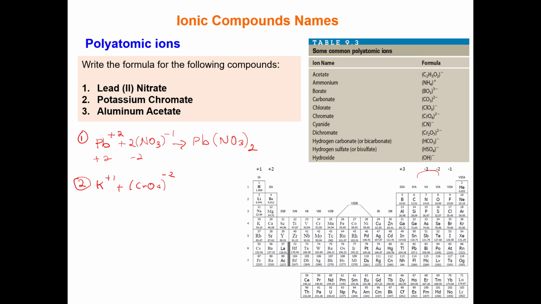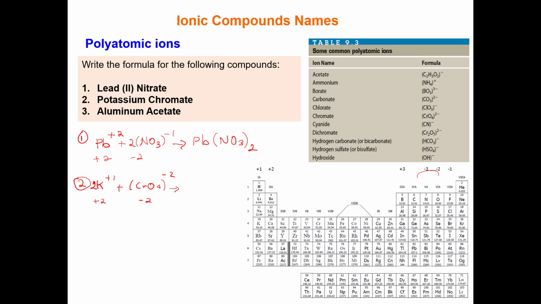The next thing we need to check is if we had a neutral compound. On this side we had negative 2, and on this side positive 1, but we need 2. Then we write 2 here, and 2 times +1 will be positive 2. Now we had a neutral compound.